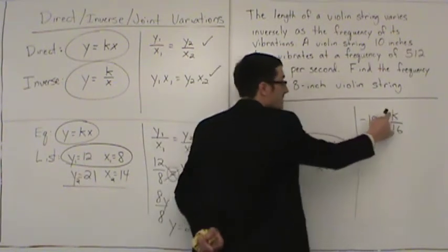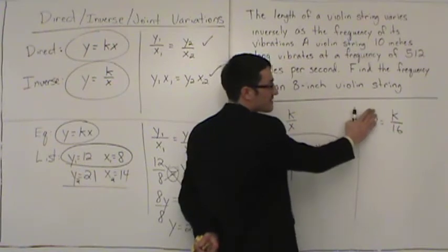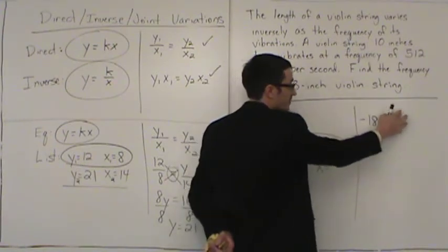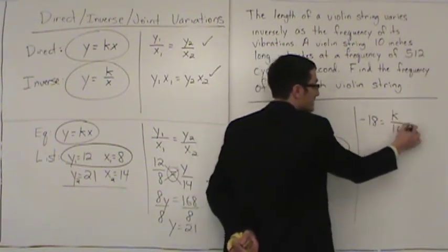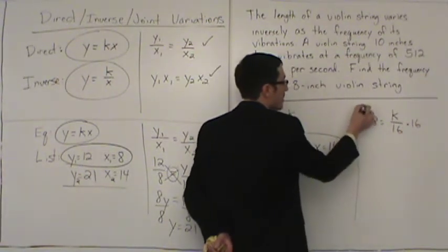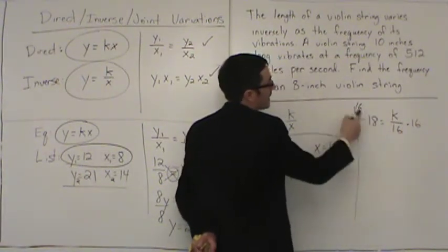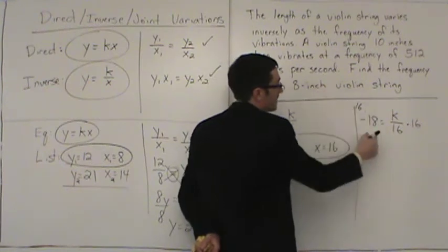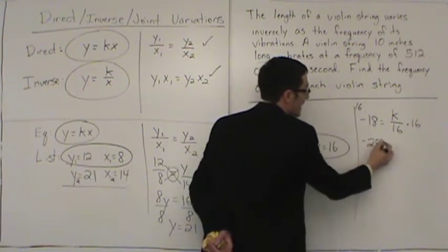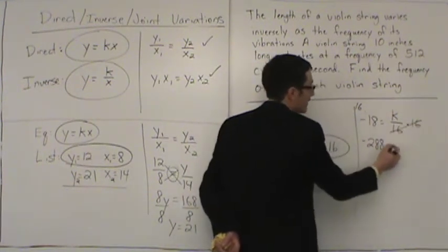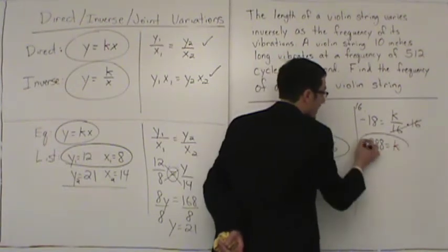Now notice k is being divided by 16. We're not interested in the negative 18. We want to get rid of the 16 and get k by itself. K is being divided by 16, so multiply by 16 on both sides. 18 times 16 is 288, so we get negative 288. These cancel. Is equal to k.